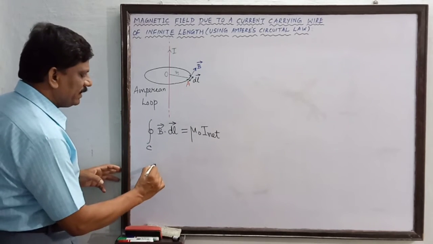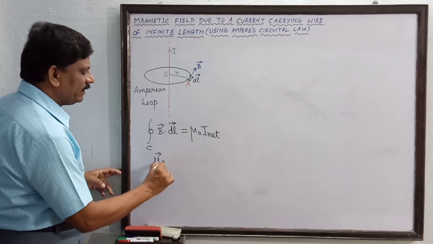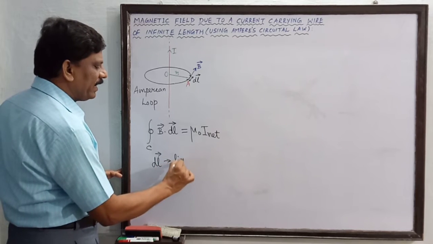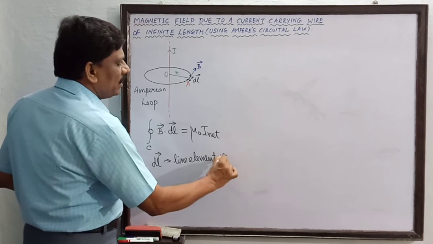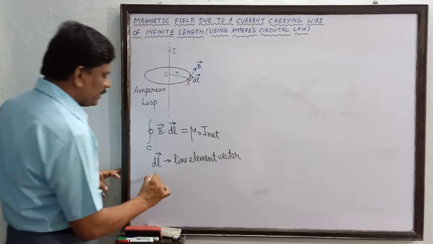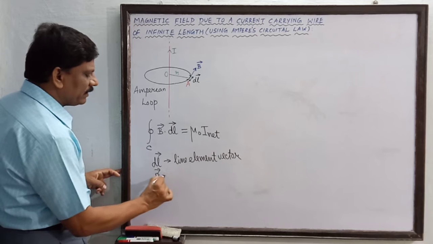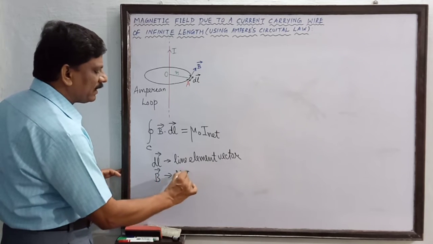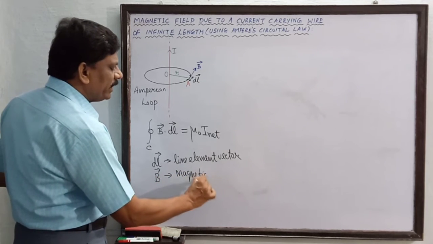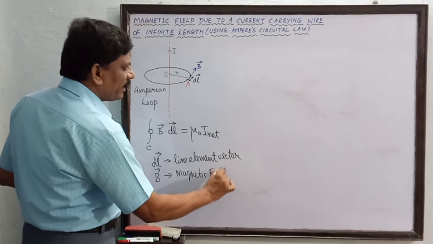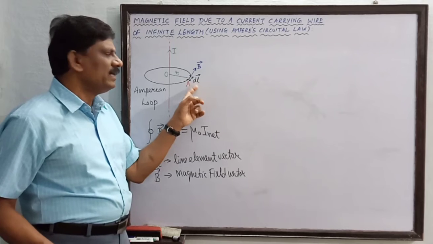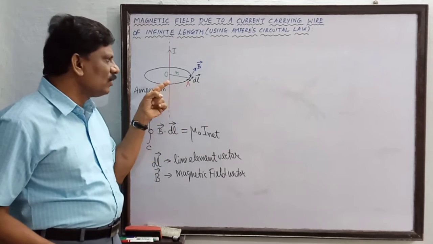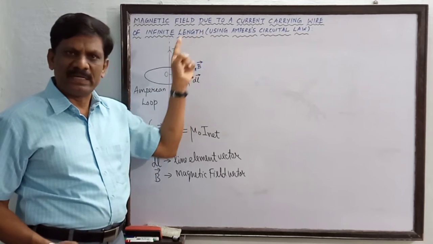So this dl is called the line element vector. And B is the magnetic field vector.